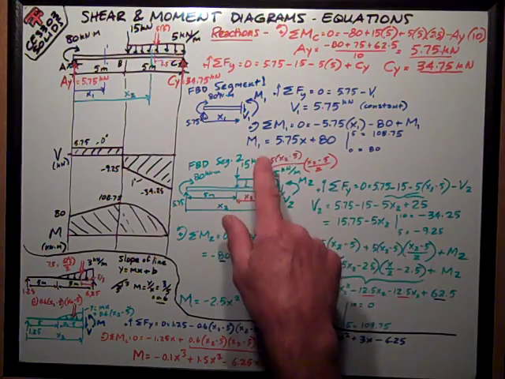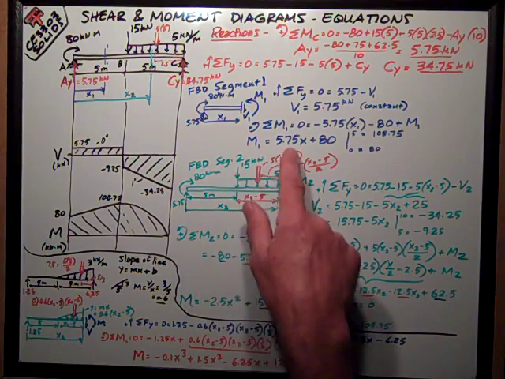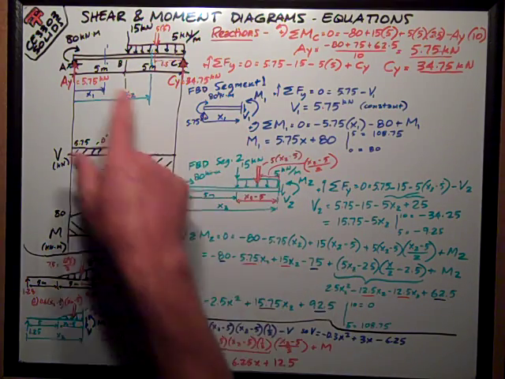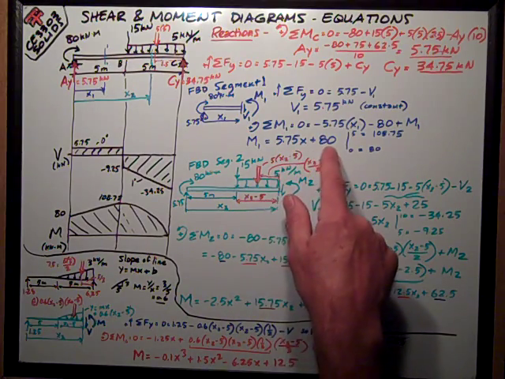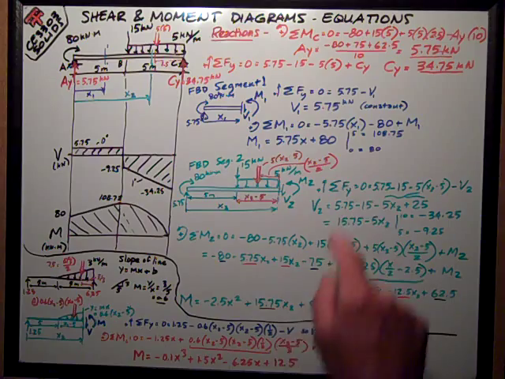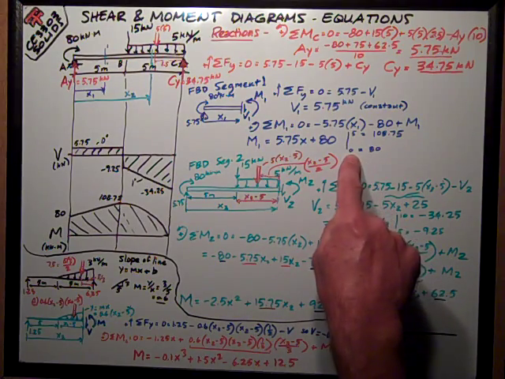So rearranging that equation, I just get that M at any point along there between A and B is 5.75x plus 80.